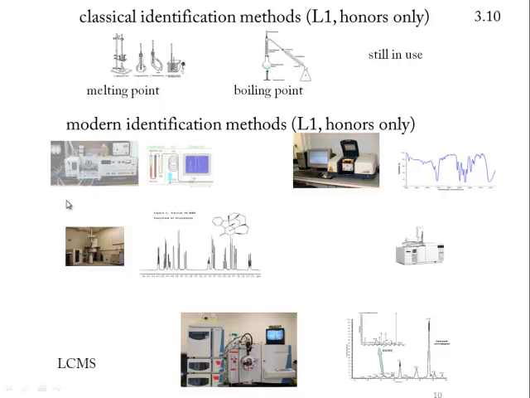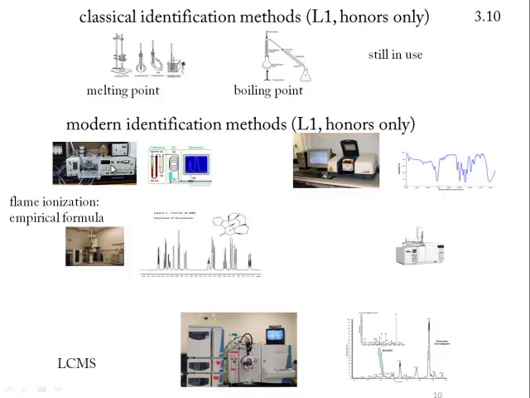Another method for identifying substances is to use this device. It ionizes the substance, basically hits it with a flame, and then looks at the component wavelengths to figure out the elements that are present and in what abundance. This leads to an empirical formula. For example, you might end up with an empirical formula of CH4.